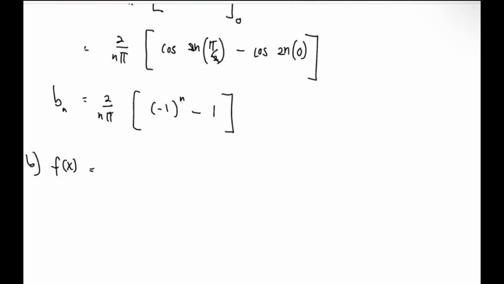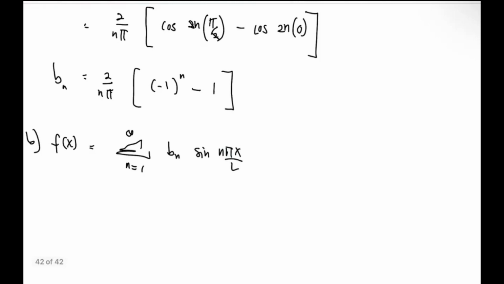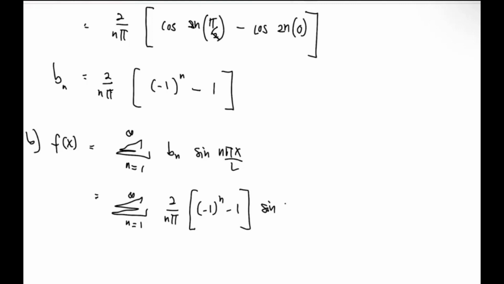So we just start with the summation from n equal to 1 to infinity of bn sine n pi x over L. So summation from n equal to 1 to infinity, bn is 2 over n pi, (-1)^n minus 1, sine n pi x over pi over 2.